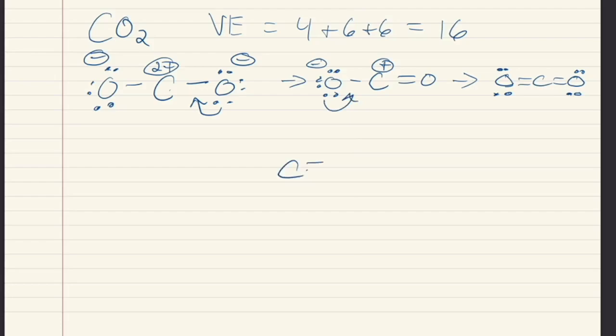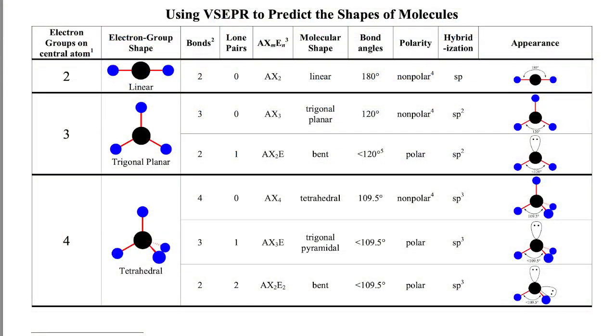Now, this is a linear molecule from a geometric standpoint, which means that we are dealing with 2 electron domains and 2 bonding domains. If we go to our VSEPR chart, we see that the hybridization on a 3-atom linear molecule is in fact sp.